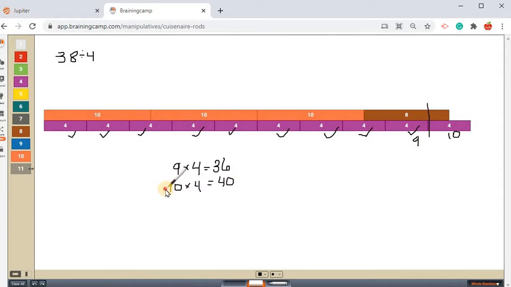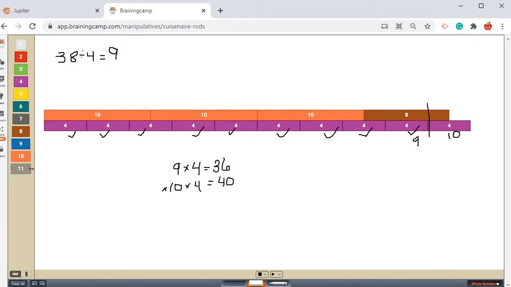So I don't want to use 10 times 4 because I can see using these manipulatives that 10 4s is too big. 9 4s is smaller than 38, but it's not bigger than, so I'm going to go with the 9. So 38 divided by 4, the closest I can get is 9 groups of 4.